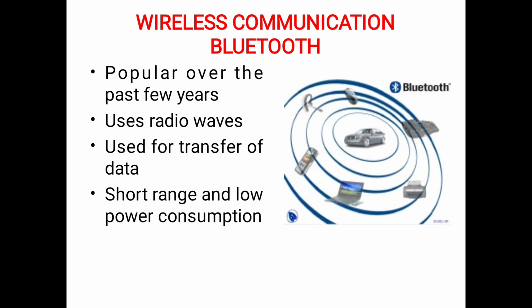So we can transmit from one device to another device, but it can be used only for short ranges. In Bluetooth, if we are in one room they can access, but at a long distance or in another room we are not able to access the Bluetooth communication. But it also consumes low power only.